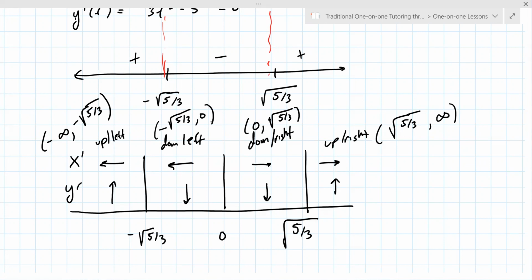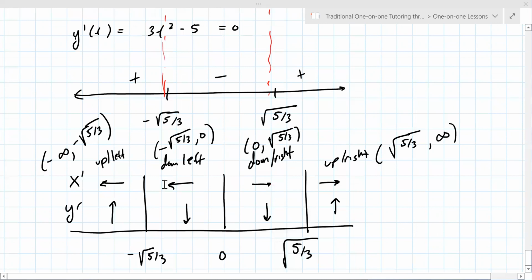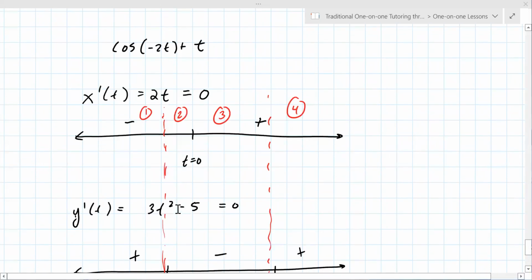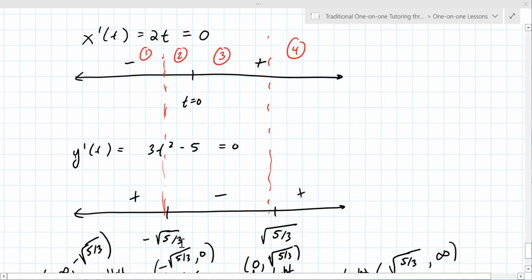Okay. I'm just trying to look at it and understand it, meshing these two sign charts together. There's a lot. How did you get square root of 5/3? That was solving this equation for y equals 0, and that gets you the two critical points.